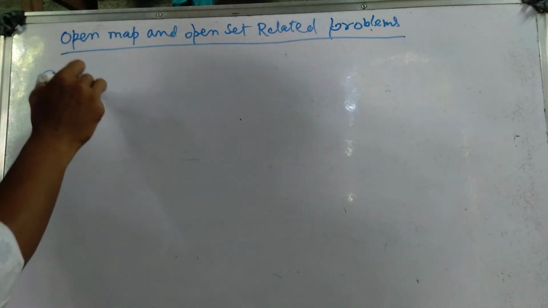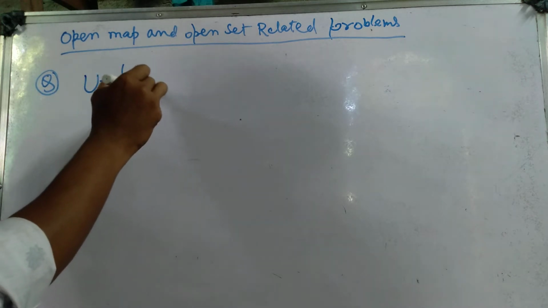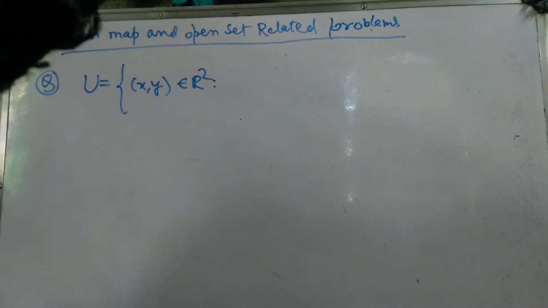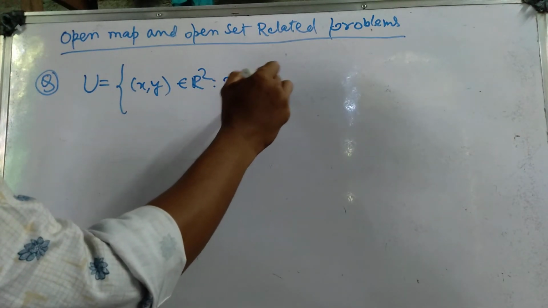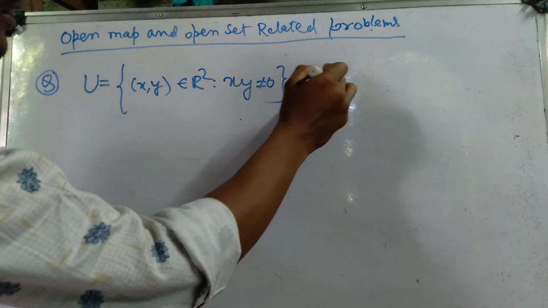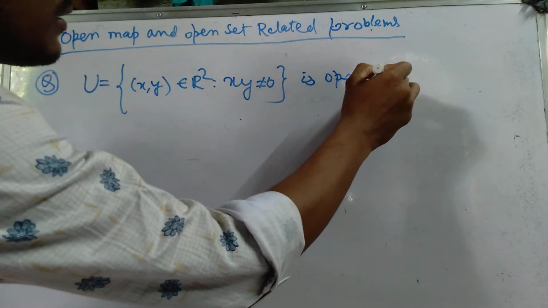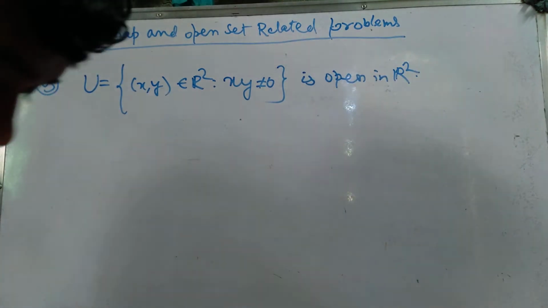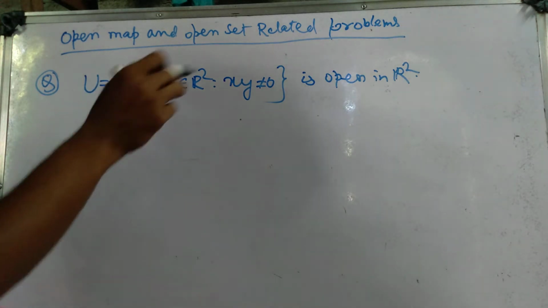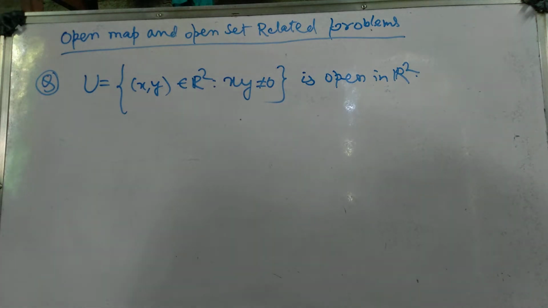U equal to the set of (x,y) belongs to R square such that xy not equal to 0 is open in R square. Okay, how do we handle it? We handle it so simply.